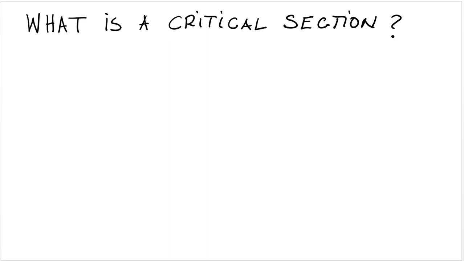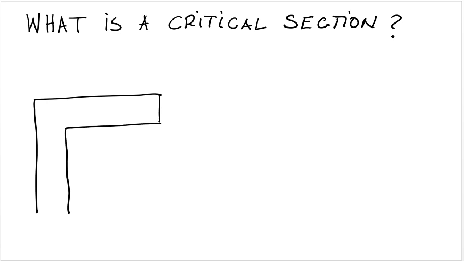To illustrate, let's talk about something that we have discussed before, which is critical sections for bending or flexure. Say we have a structure that looks like this, and we have a uniform load acting on this member here, right?